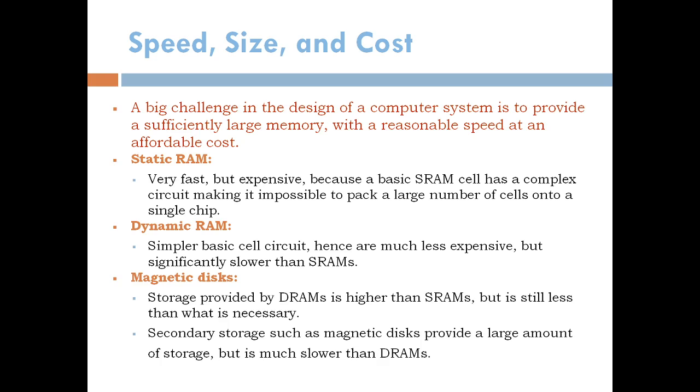Unfortunately, it is impossible to meet all three of these requirements simultaneously. Speed, size, and cost are the design trade-offs in a memory system. That means increased speed and size are achieved at increased cost.